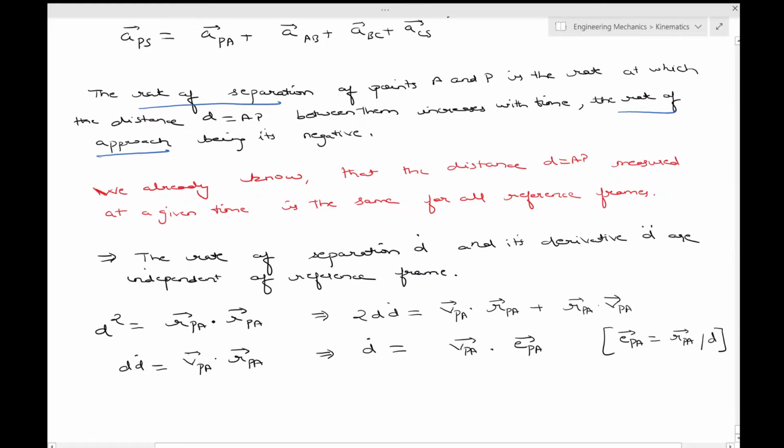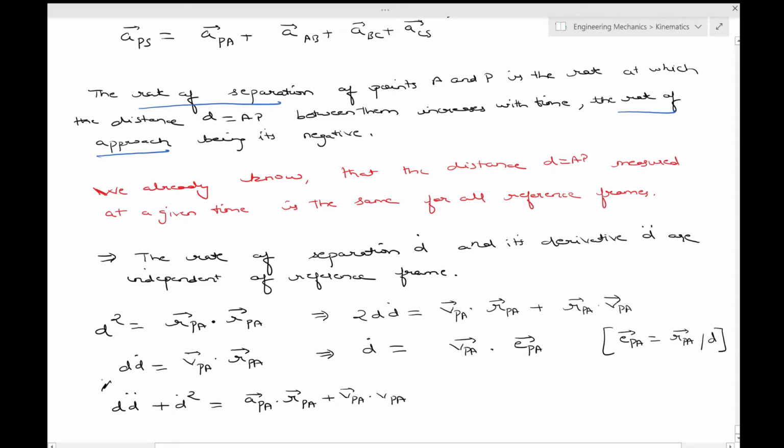Now we want to differentiate this equation once more with respect to time. So we will have d d double dot plus d dot square is equal to APA dot RPA plus VPA dot VPA.